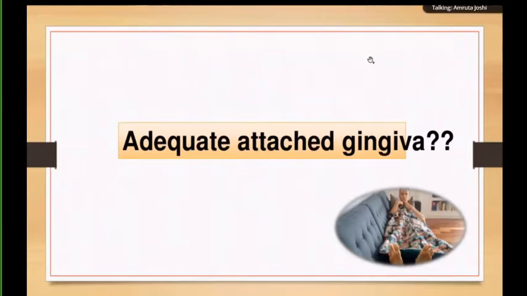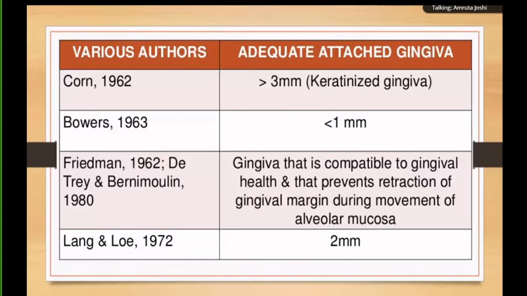Now there are many studies over the years on how many mm of attached gingiva is adequate, whether it is 2 mm or 3 mm, but it always varies from patient to patient. Generally, clinically, it is said that if 2 mm of attached gingiva is present, it makes it easy for the patient to perform oral hygiene procedures.